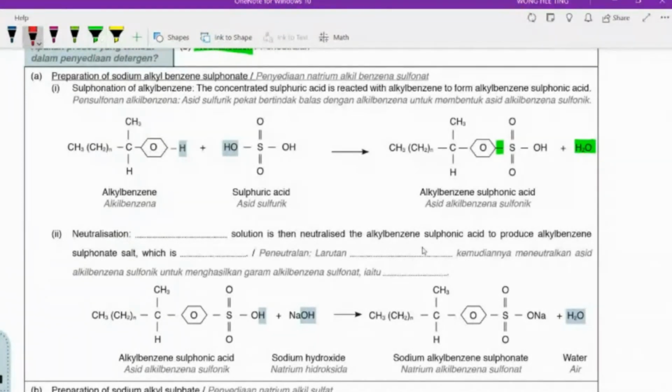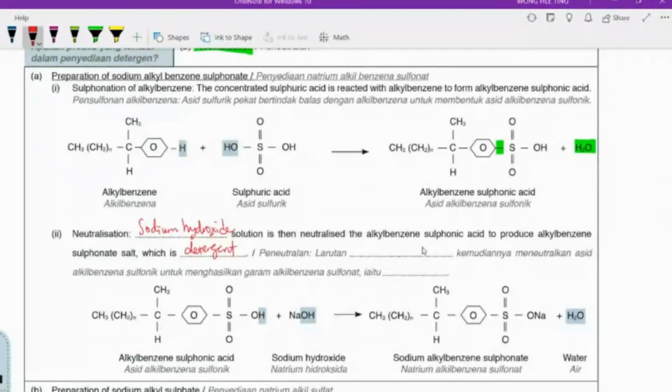Then after that is the neutralization. Under neutralization, sodium hydroxide solution neutralizes the alkyl benzene sulfonic acid to produce the alkyl benzene sulfonate, which is the detergent.